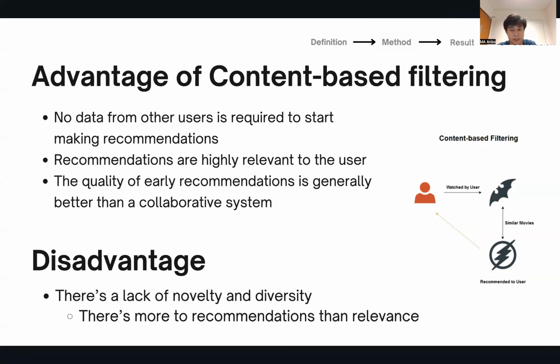And the content-based recommendations are highly relevant to the user because content-based filtering is able to recognize the specific user's preferences and tastes. The quality of early recommendations is generally better than a collaborative system as well. A collaborative system requires the additional correlation of millions of data points before becoming optimized.